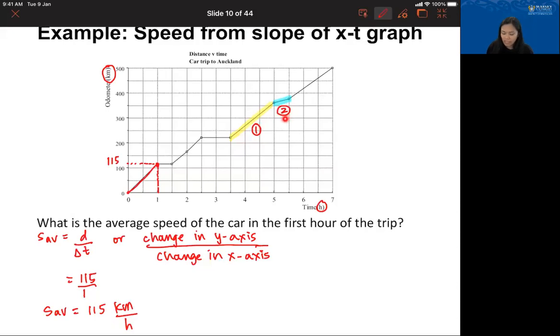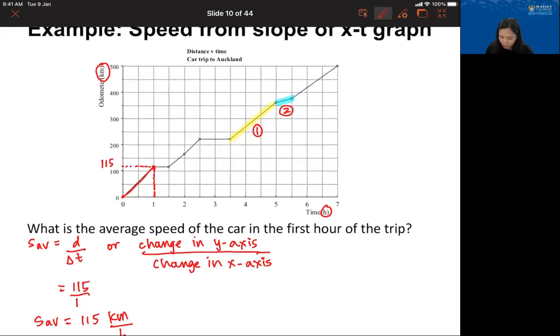And why can we say that? If you look at the steepness of the slope, slope 1 is steeper compared to slope 2. And therefore, you're moving at a faster speed. You can also see that in part 1, you're covering a larger distance over a shorter time interval.